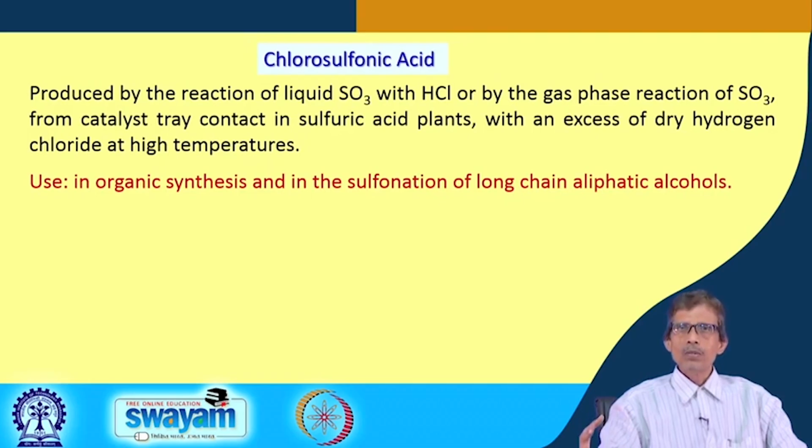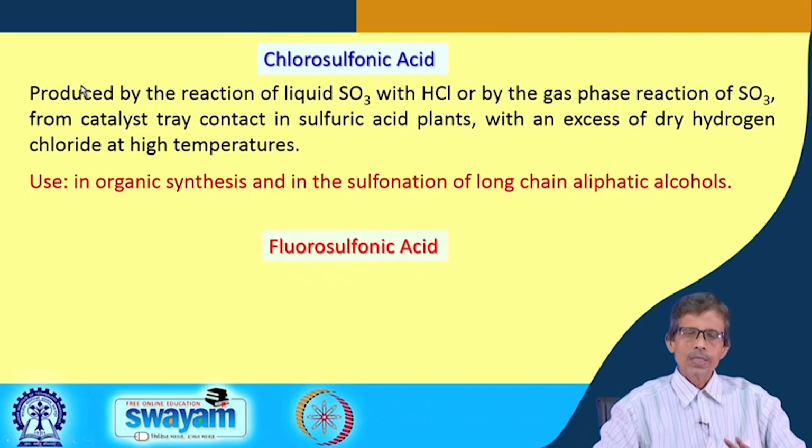It is a sodium salt, and sulfate is the typical anionic part, and dodecyl means a 12 carbon long aliphatic chain, which is obtained from a typical alcohol that is also readily available, lauryl alcohol. So, sulfonation of all these long chain aliphatic alcohols can be achieved by chlorosulfonic acid.